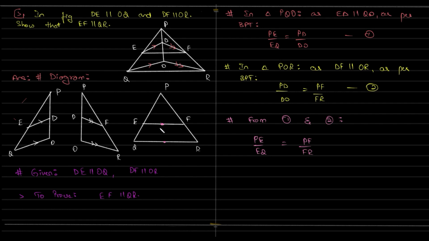It tells that if PE by EQ is equal to PF by FR, then these two lines are parallel. We actually have done it, right? We just showed that. So we're pretty much done.